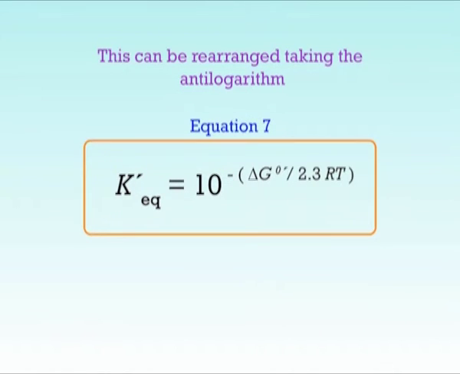This can be rearranged by taking the anti-logarithm, which gives K prime eq equals 10 to the power minus delta G naught prime divided by 2.3 RT. Thus, the standard free energy and the equilibrium constant of a reaction are related by this simple expression.